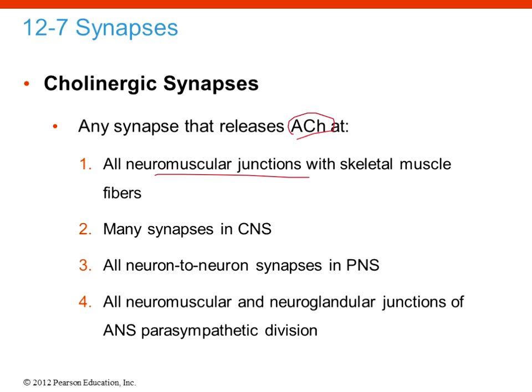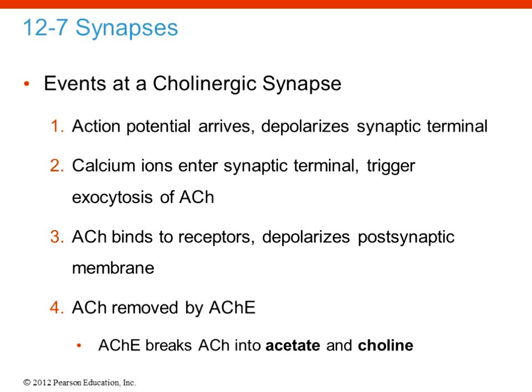Some examples are the neuromuscular junction, which we already talked about last time, many synapses in the central and peripheral nervous system, and some glandular junctions in the parasympathetic division. We'll talk about those when we do the autonomic nervous system. This part is pretty much review of the events at a cholinergic synapse, just to make sure you have a good understanding of it. The action potential arrives and depolarizes the synaptic terminal.